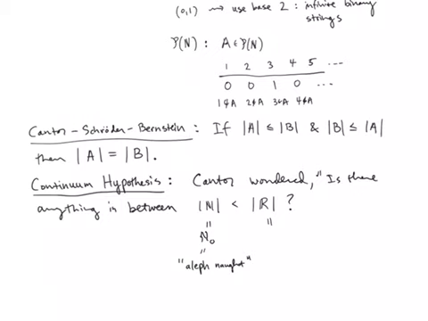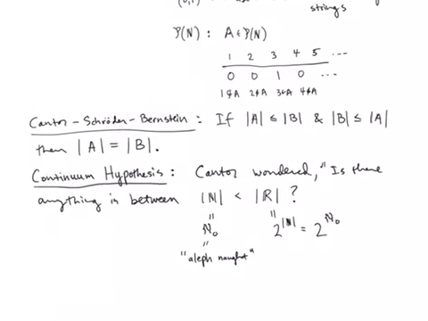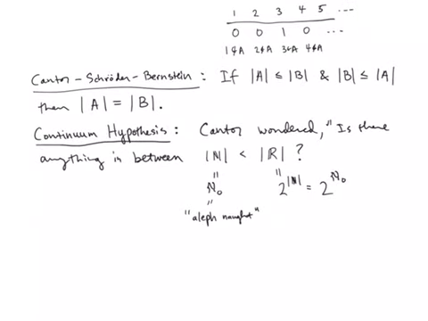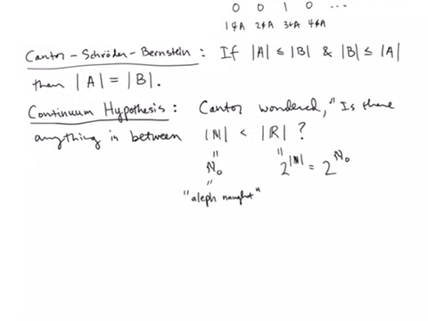And the cardinality of the power set is sometimes written as 2 to the cardinality, so this would be 2 to the cardinality of N, or 2 to the Aleph naught. And so Cantor wondered whether there was anything between Aleph naught and 2 to the Aleph naught.